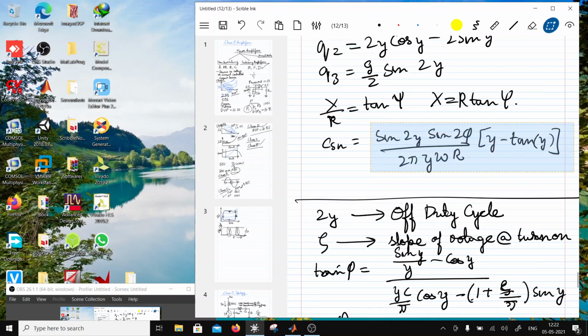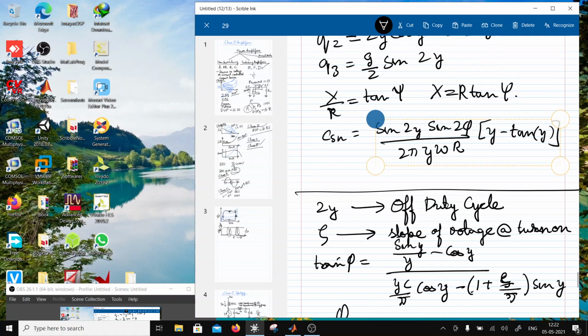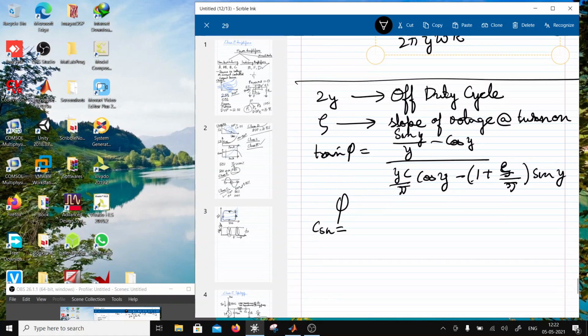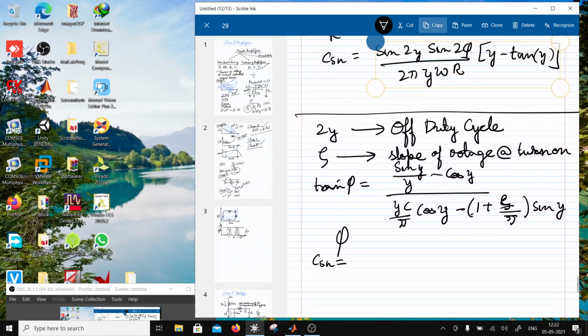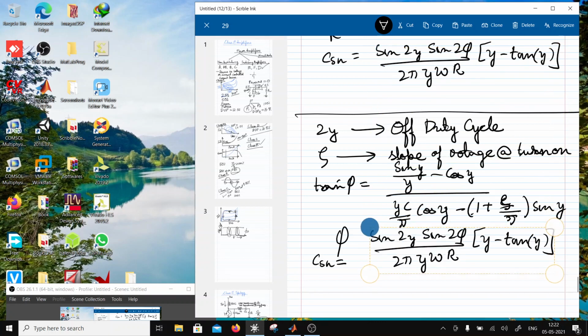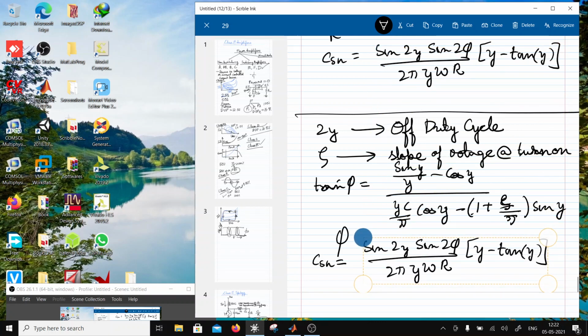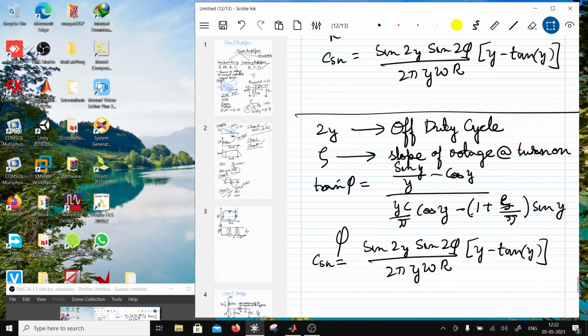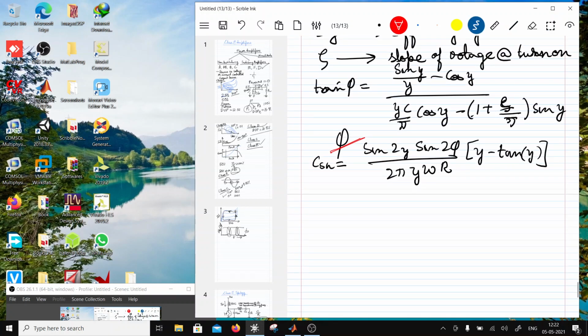So this is a function of phi, y and r. Copy, paste. So this is your CSH. Once you have figured out phi, you have figured out the shunt capacitor.